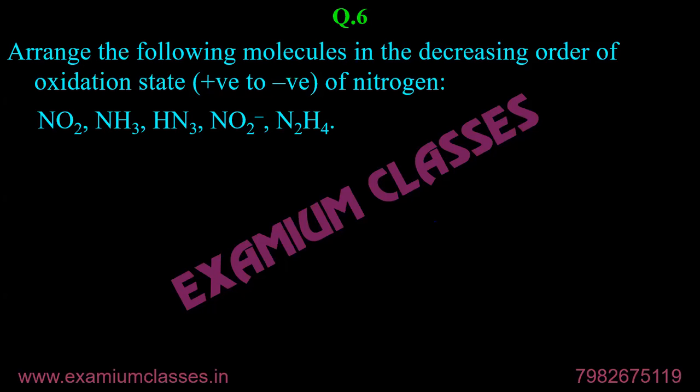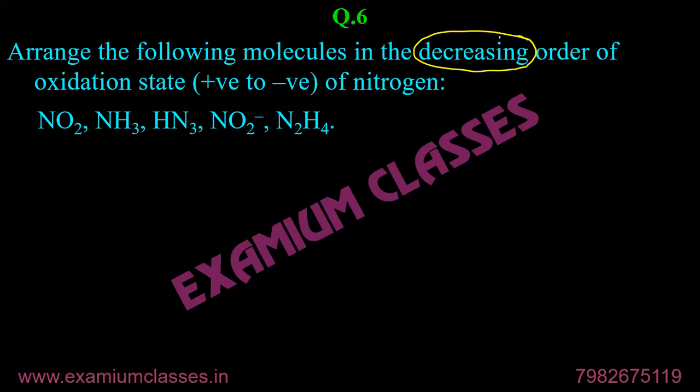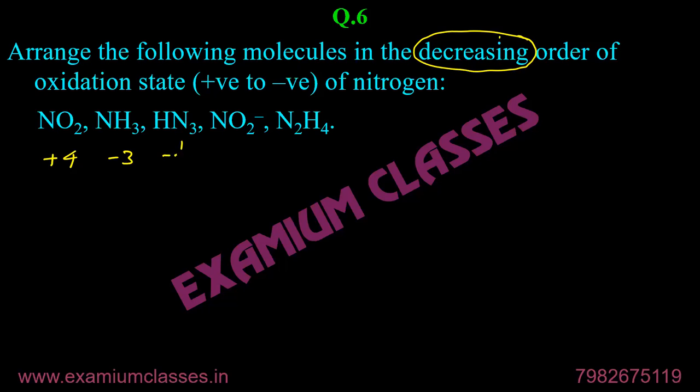Next question. Arrange the following molecules in decreasing order of oxidation state. So again, the same: calculate the oxidation state and then arrange these in decreasing order, meaning highest to lowest. If I calculate here, it will be plus 4, it will be minus 3, it will be minus 1 by 3, NO2 minus will be 4 minus 1, that is plus 3, and minus 2, it will be minus 2, isn't it?